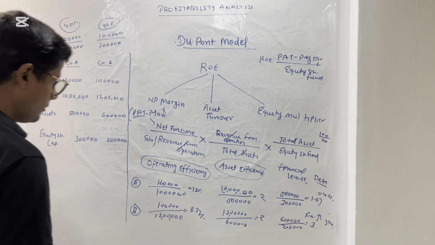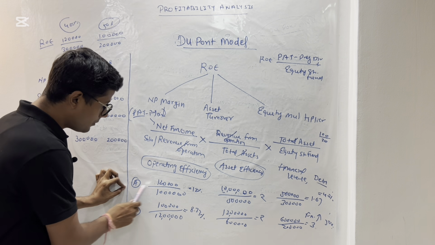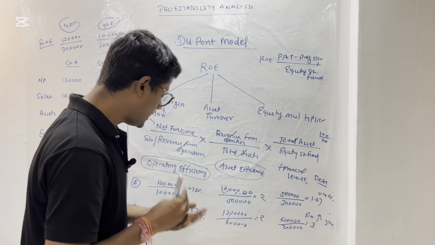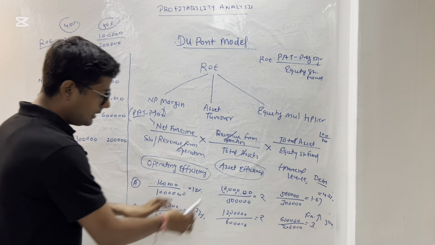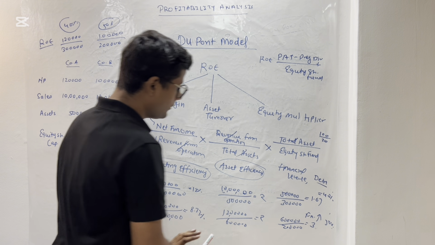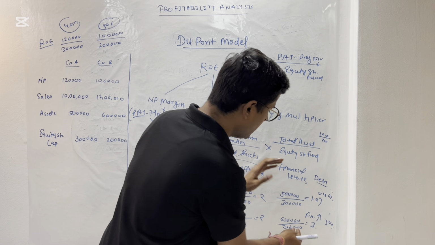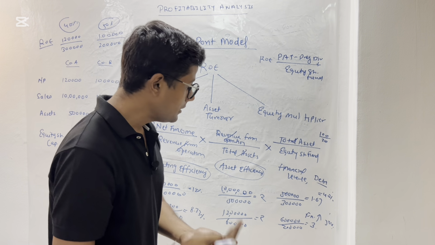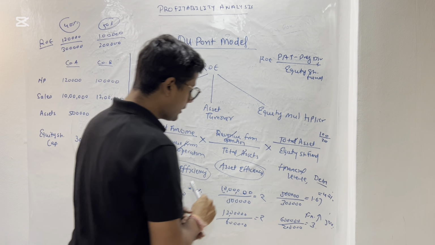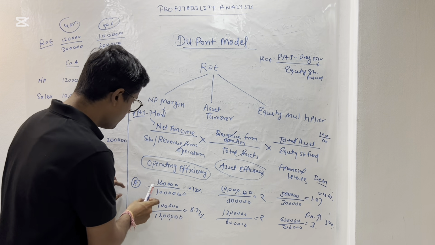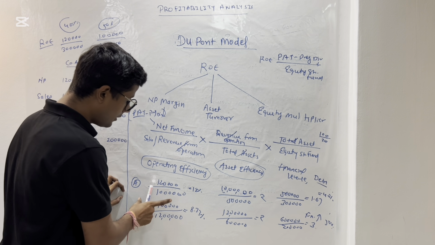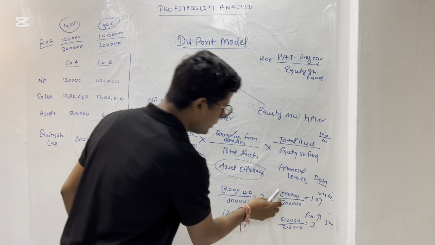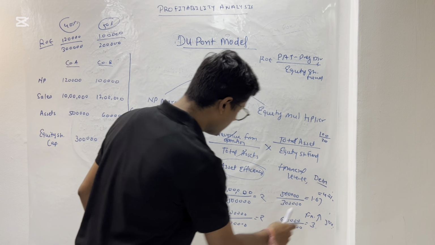First, we know that company A is operating more efficiently. It is earning more profit on its sales than company B. On assets, no difference. Both are utilizing them very well. The third is the equity: company B is more financed by debt than company A. So although company A is earning more profit in terms of profitability percentage, its ROE is low because it is less financed by debt.